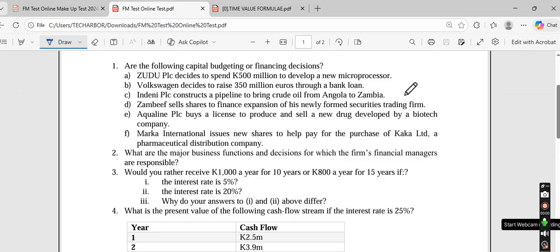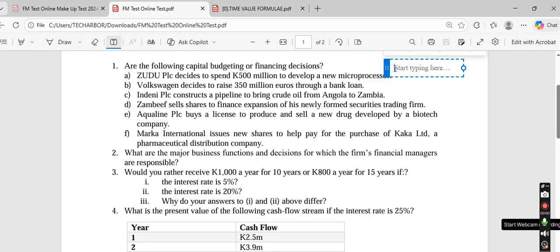I can start with 1, deciding the capital structure of a business. Okay, deciding capital structure. Organizing resources, okay, that's also correct. Let me just explain capital structure.